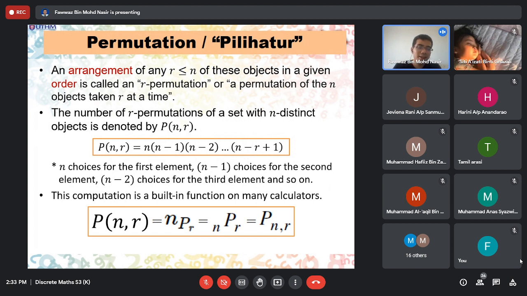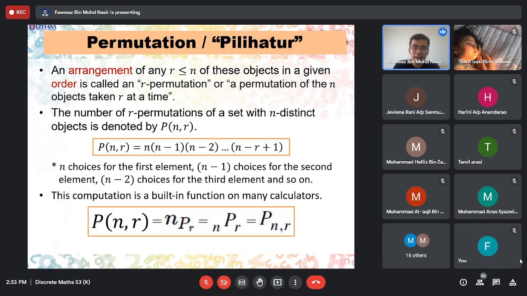So P(n,r) ni dia basically kadang-kadang is denoted by n superscript P r subscript n, okay, ataupun dia tulis macam ni, okay, both n and r in subscript, or dia tulis macam P n, r. Okay, so dia ada banyak cara untuk denote permutation of n, r.